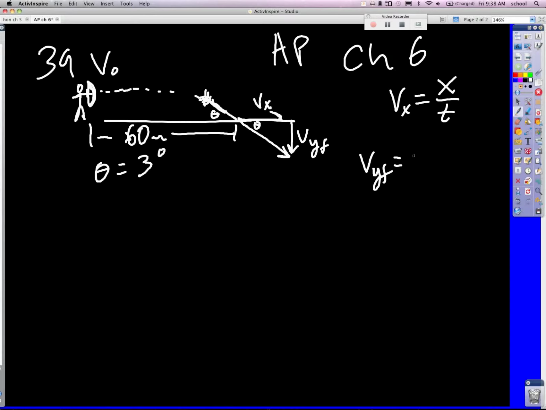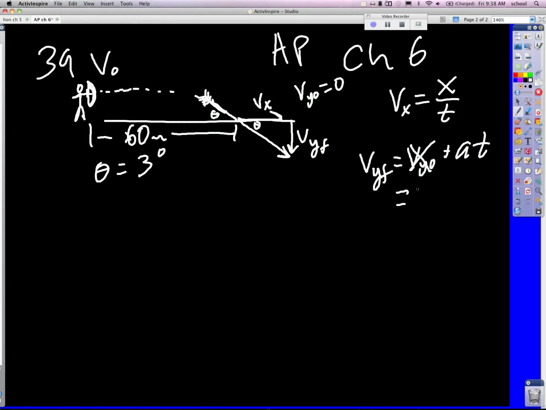There was no vertical velocity when he launched the arrow, because we asked him to shoot it horizontally. So Vy0 goes away, and this is just AT. And then we know this to be negative GT, like this. So Vy final is like that.